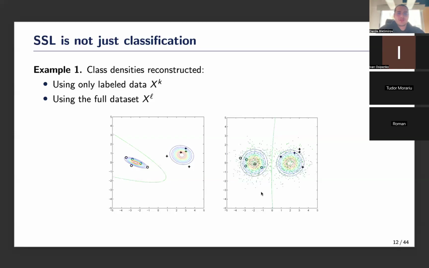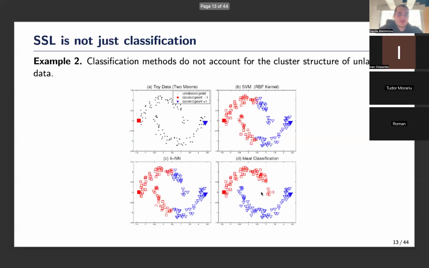So this is a perfect example of how semi-supervised learning improves classification by leveraging unlabeled data to reconstruct the true data distributions.